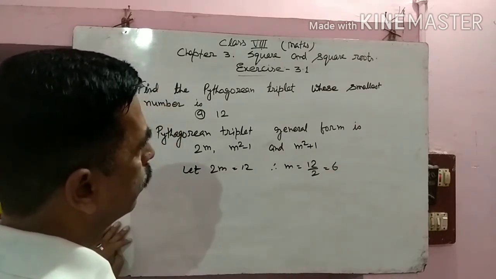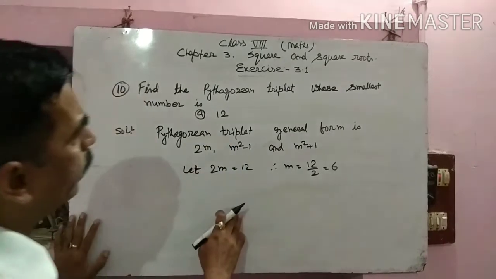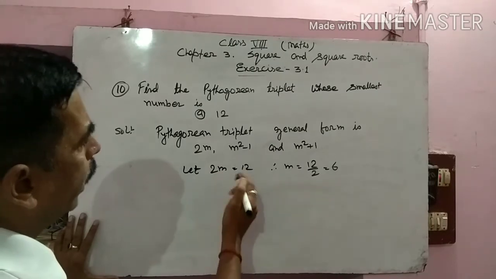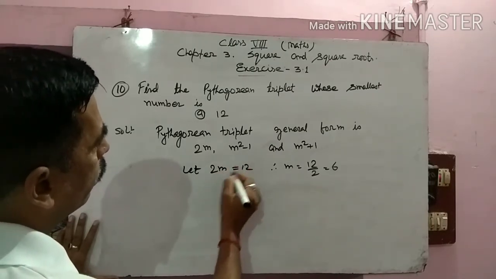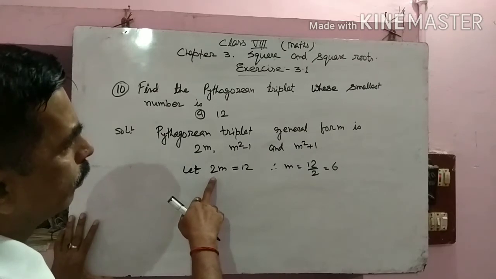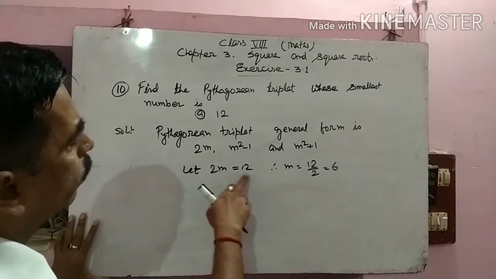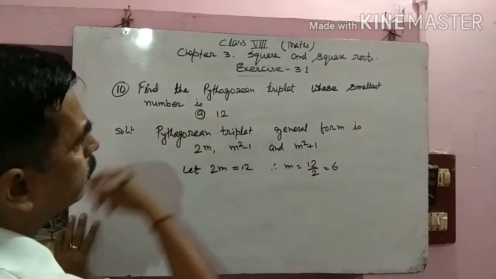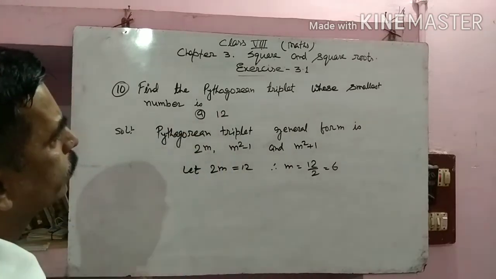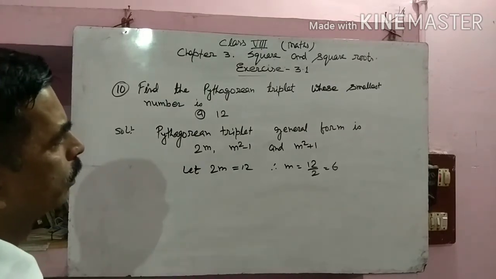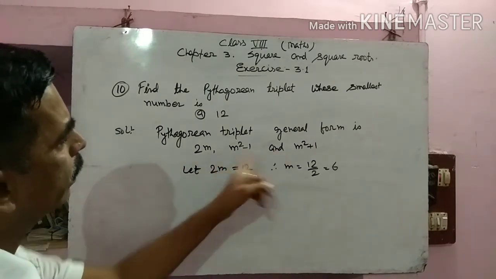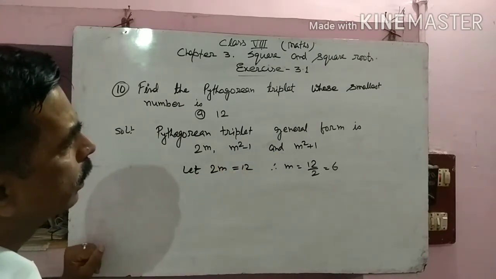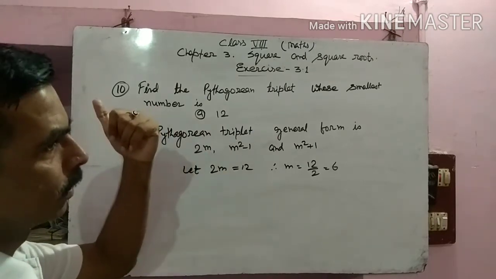So in this case we can get the value of m by assuming 2m is equal to 12. In some cases the number is given like this, and we have to check all the cases to see in which case the number is satisfied.